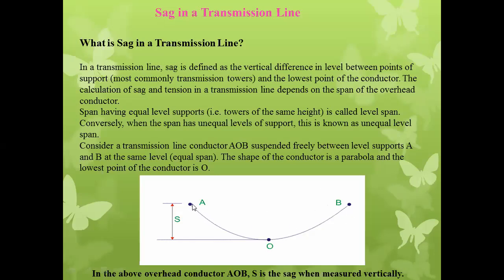Between these two towers our live conductors are suspended, or fixed at a cross arm. Some slack is observed in the line conductors. This O is the lowest point on the line conductor.